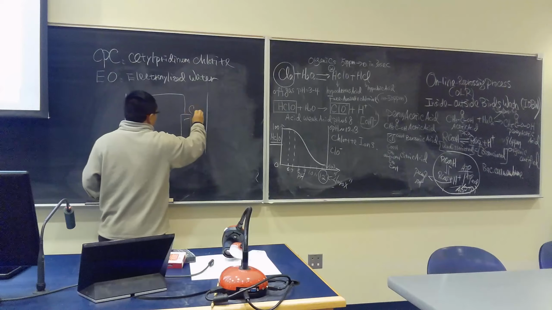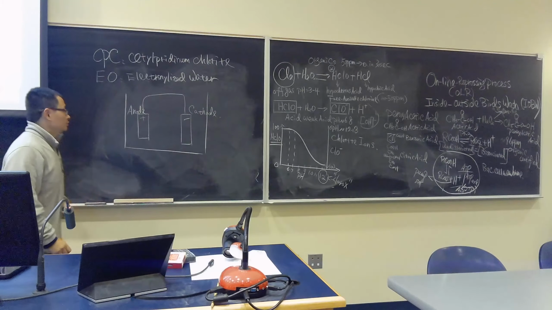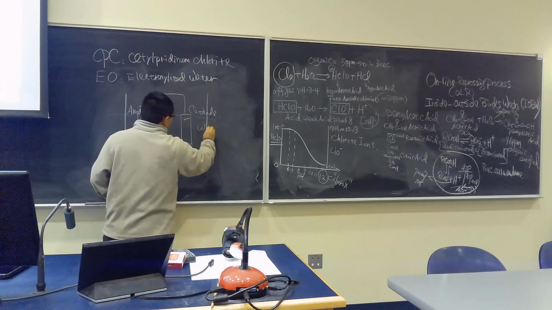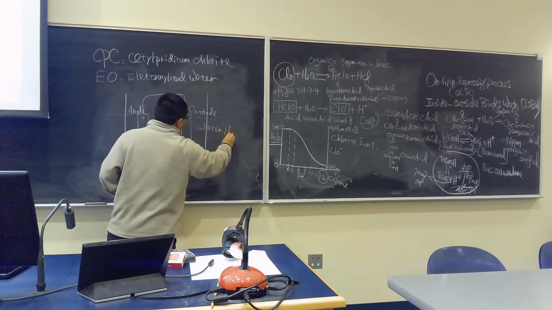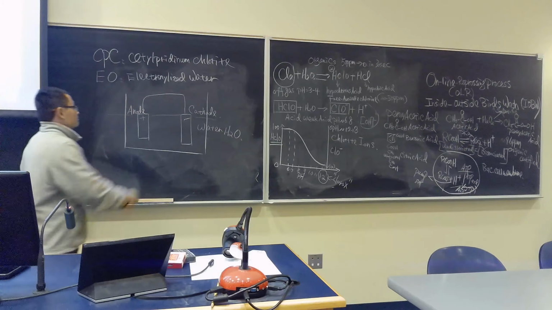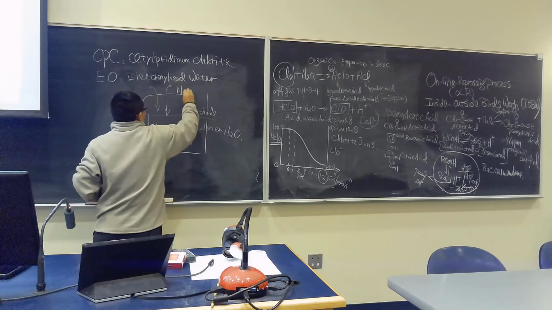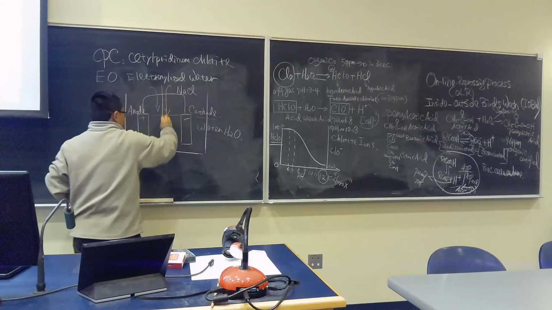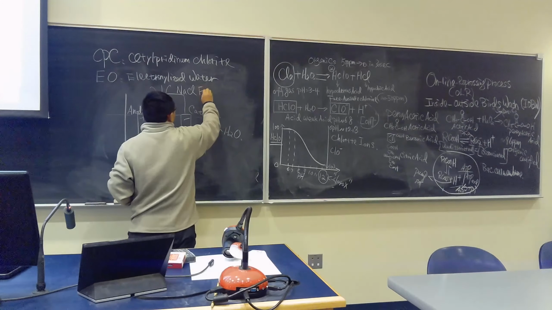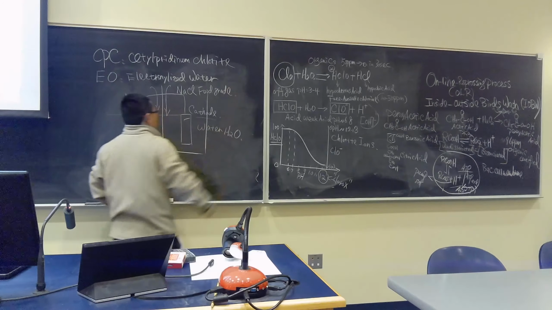This is called cathode. And of course, this is water, H2O. What are they going to keep dumping? They're going to keep dumping sodium chloride. Of course, the sodium chloride has to be food grade, not chemical grade. Okay, then what happened?